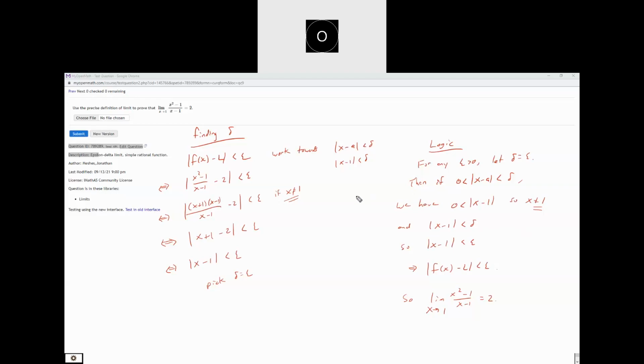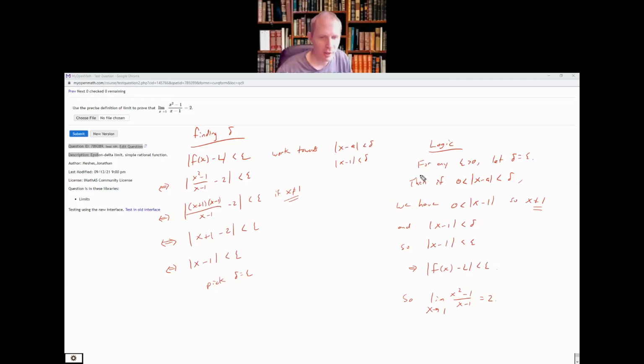Actually, can you explain the logic section again? Sure. The whole reason that we go about that is because of the definition of the limit. Let me write this out.